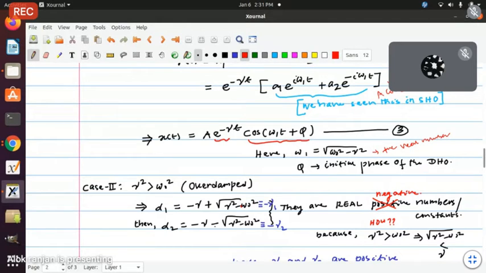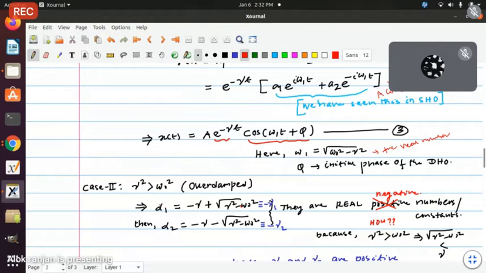Then the question is, are the alphas complex? No. Why? Because gamma square minus omega naught square is positive, and the square root of a positive number is a real number, not a complex number.